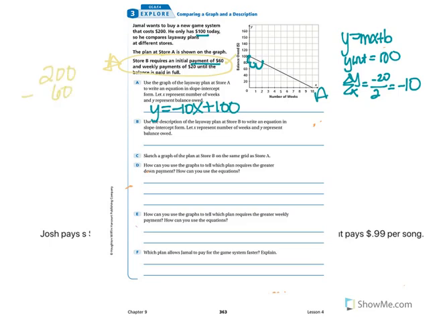So he paid 60, which means the balance left over, which is what the y represents, balance owed, is 140. So our y-intercept is not 60, our y-intercept is 140. We have 140 left after we pay that $60.